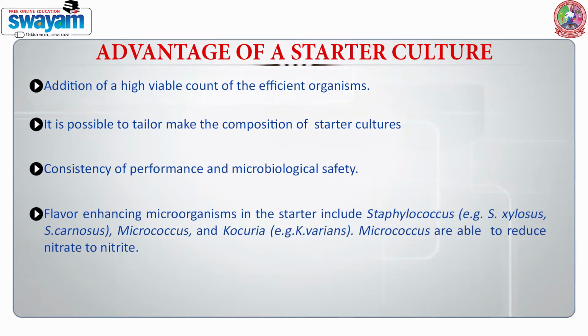They also enhance the flavor of the product, and mainly the flavor enhancing microorganisms in the starter culture are Staphylococci species, Micrococcus, Kocuria. Micrococcus are able to reduce nitrate to nitrite.